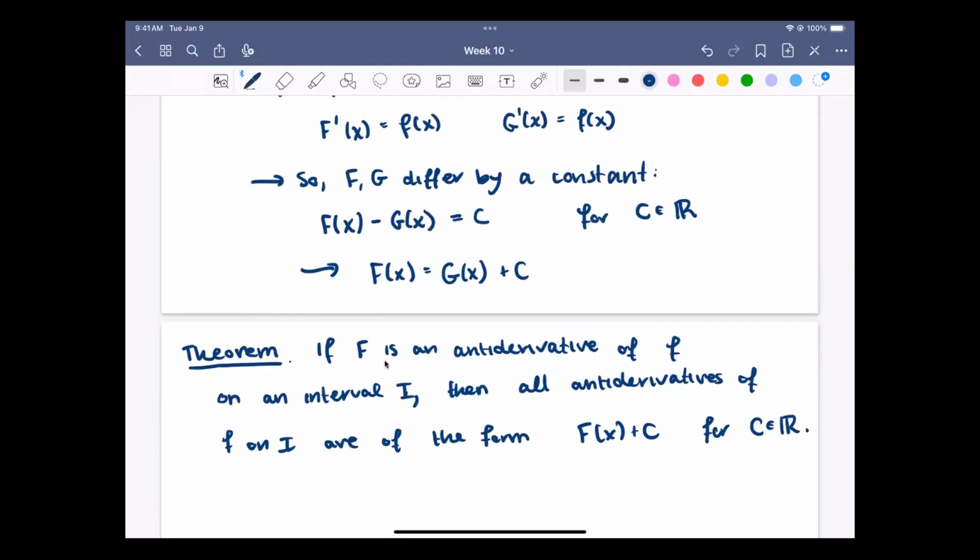So in the example that we found where we took the antiderivative of x squared, all of the antiderivatives of x squared look like 1/3 x cubed plus any number you like.